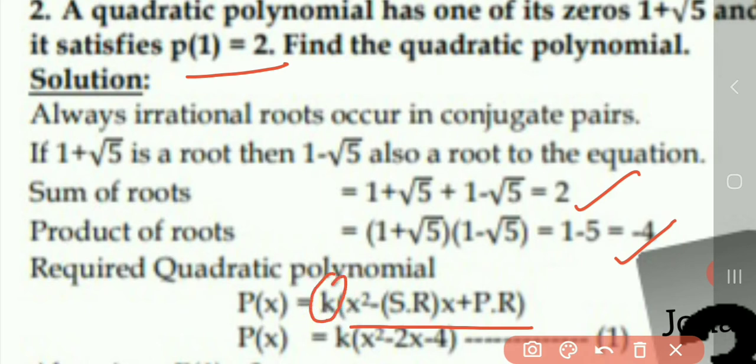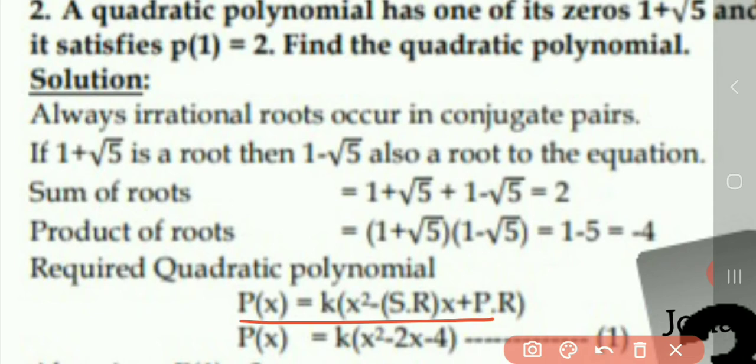Okay, so the common term we have to write like this, p of x equal to k into x square minus sum of the roots into x plus product of the roots. Okay, and then p of x equal to, here sum of the roots is 2, so substitute here, and product is minus 4, so substitute here, so that p of x equal to k into x square minus 2x minus 4.